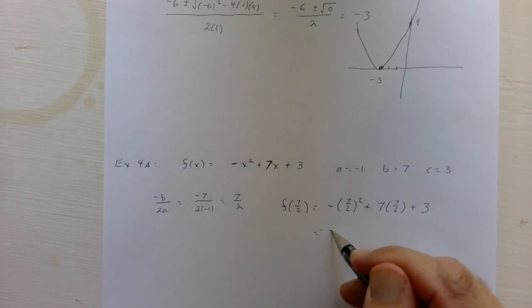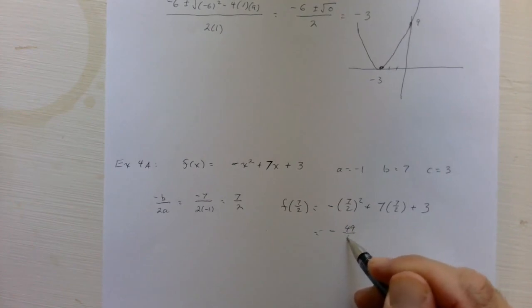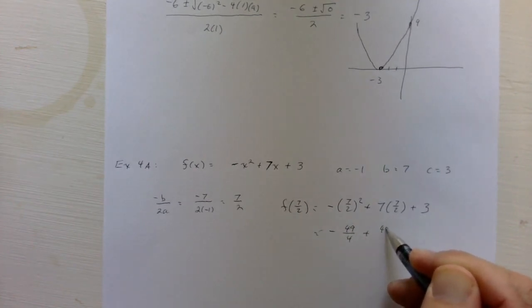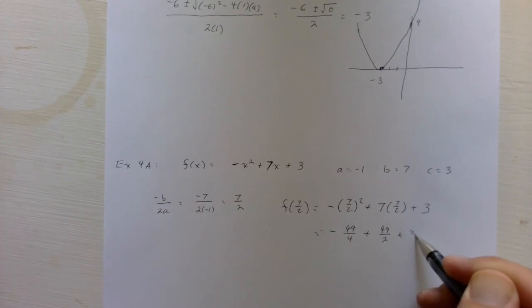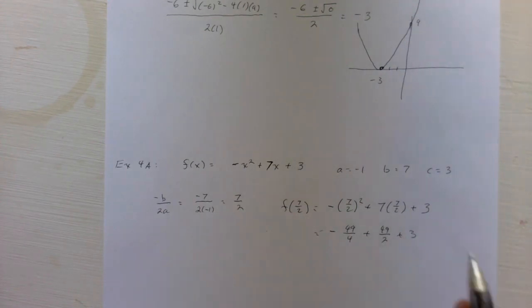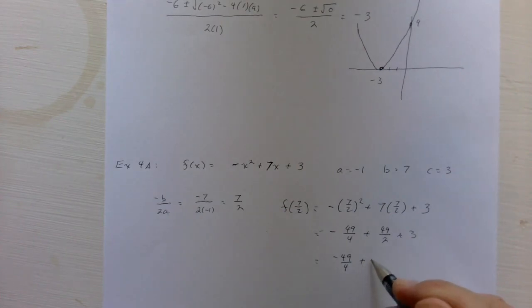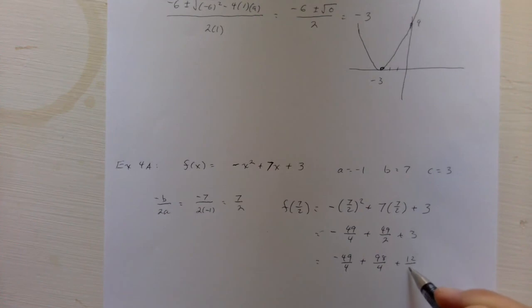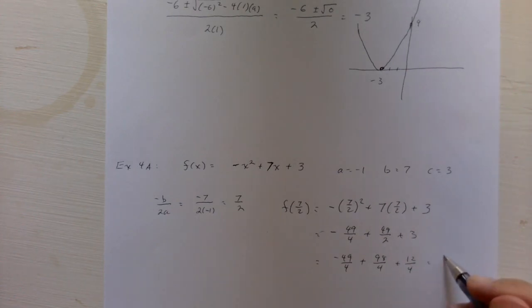So this is just minus 49 fourths plus 49 halves plus 3. We get a common denominator. Negative 49 plus 98 is 49. 49 plus 12 is 61, so this is 61 fourths.